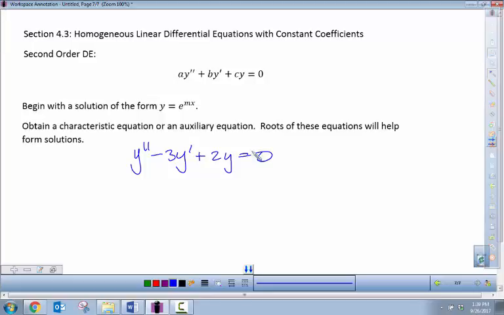And let's use this technique where we assume that a solution is going to be some exponential function. And then we'll plug all that stuff into here and see what we come up with. So based on our assumption that y is equal to e to the mx, we're going to need the second and first derivatives.